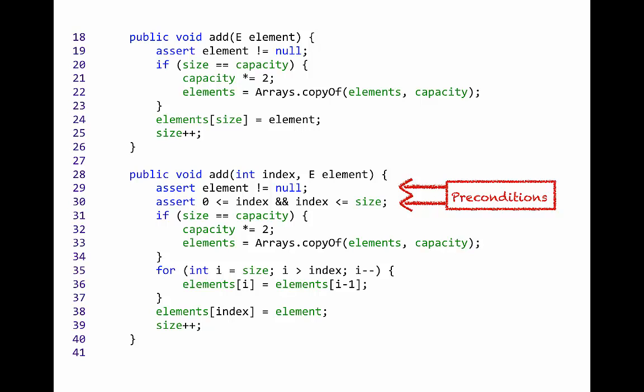The second assertion in the two-argument add method says that the index must be within certain bounds. That makes sense because we don't want to add an element at a negative index. But just as importantly, we don't want to add an element at an index that is greater than the size of the list. Even, and I repeat, even if the underlying array is big enough to hold that index.